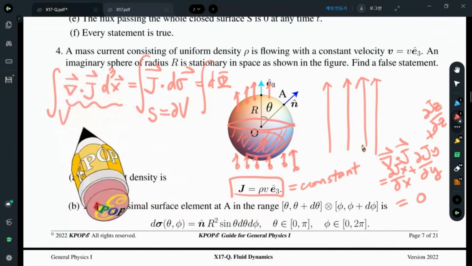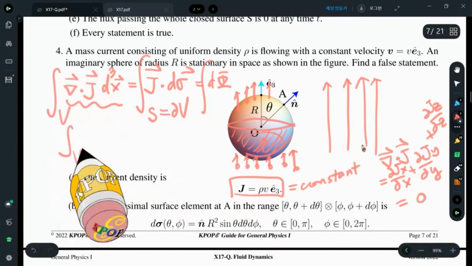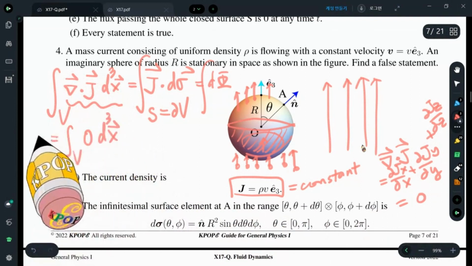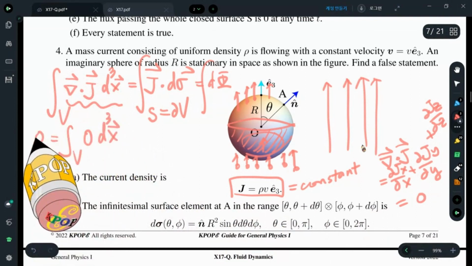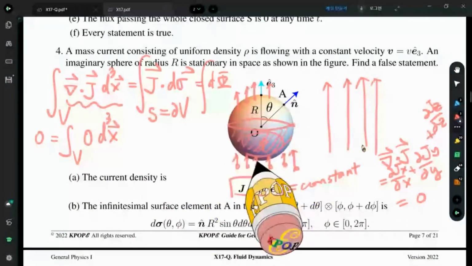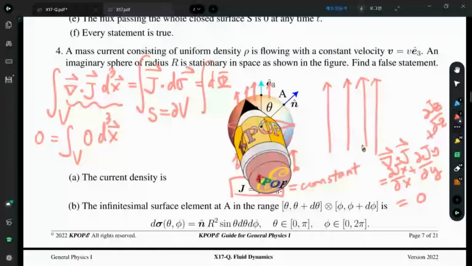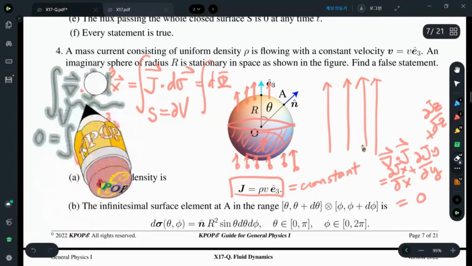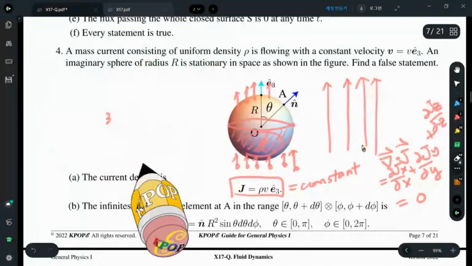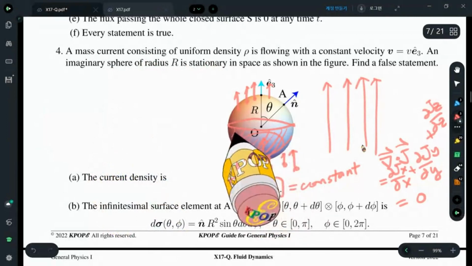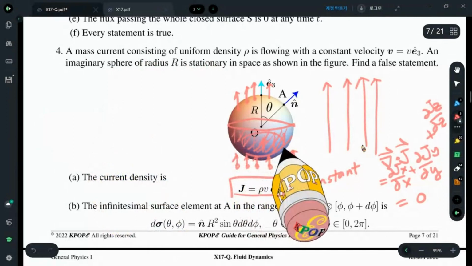If the integrand is zero, the integral over this volume is a trivial integral that is zero. So the sum of the flux over this closed surface must be zero. In addition, what is the amount of the flux passing through this spherical surface?